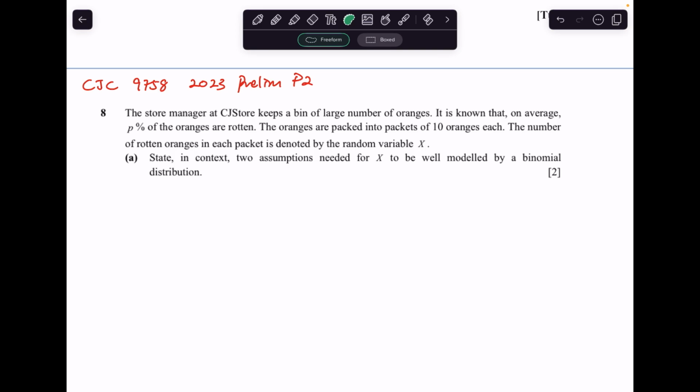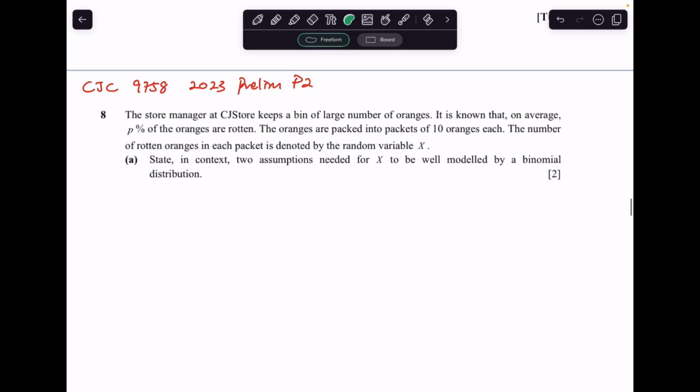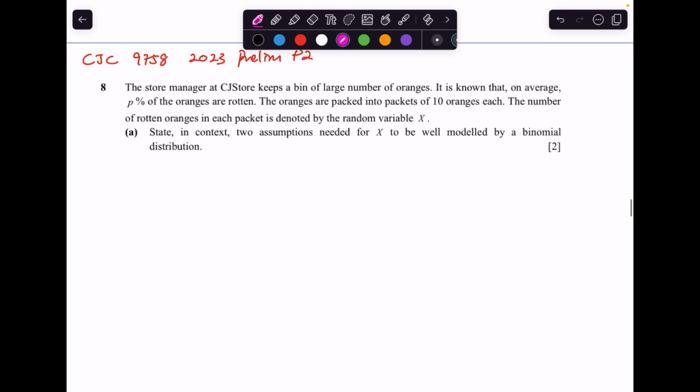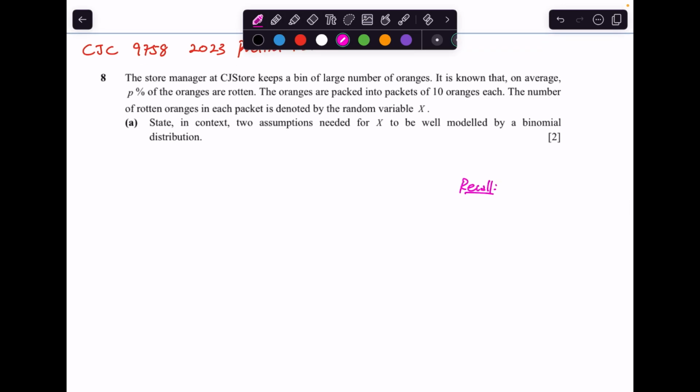State in context two assumptions needed to be well modeled by a binomial distribution. Okay, so whenever you're asked to state the assumptions in order for something to be modeled by a binomial distribution, how I remember is using this. So recall, let's say I write down a binomial distribution.